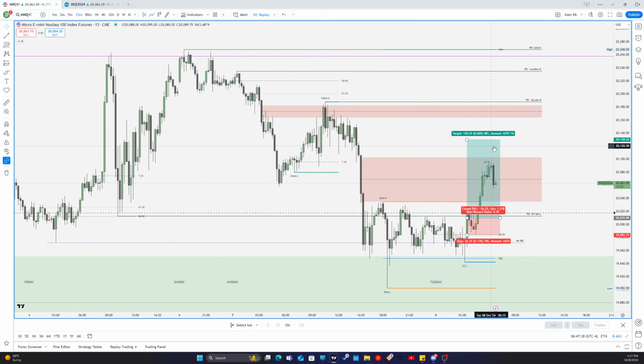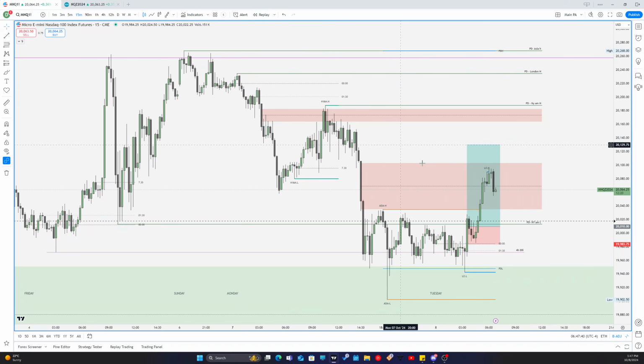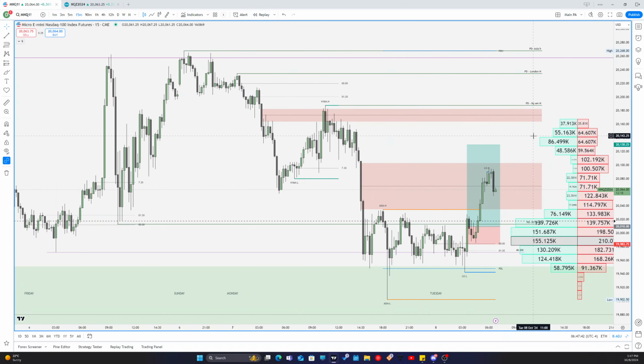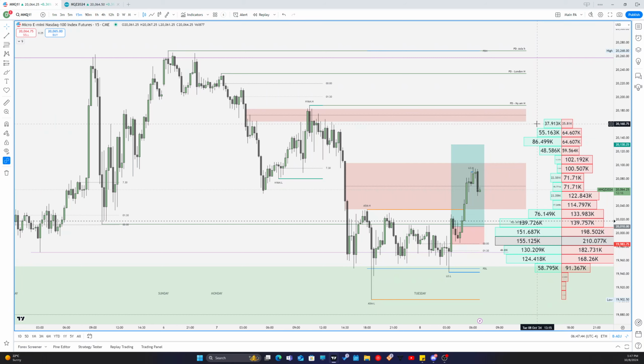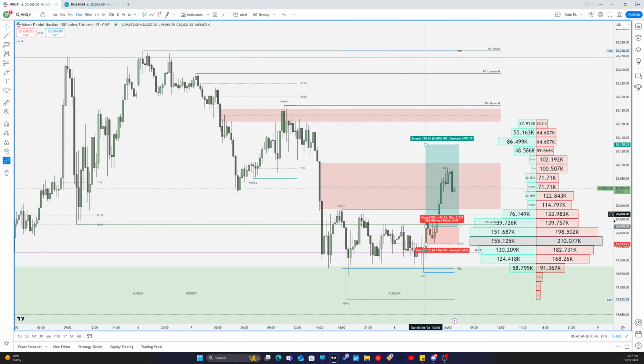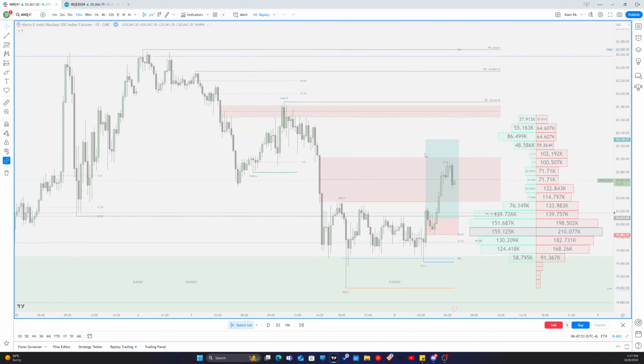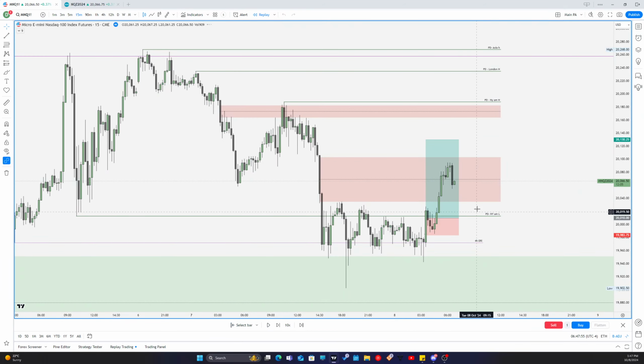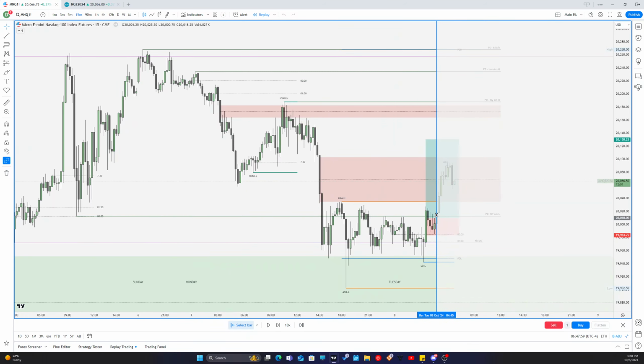And this is current price action, and you see the volume profile changed after around here, I believe. Let's go to market replay. Around here.